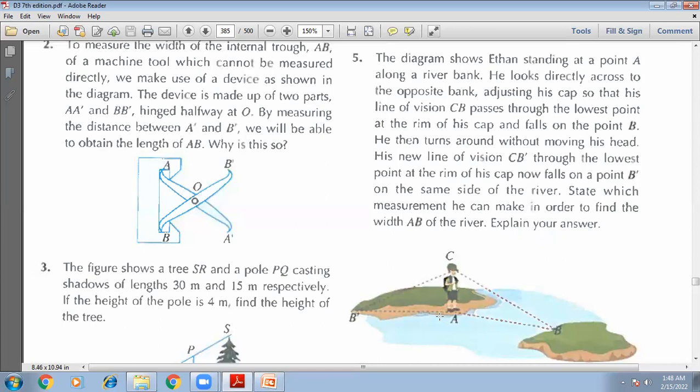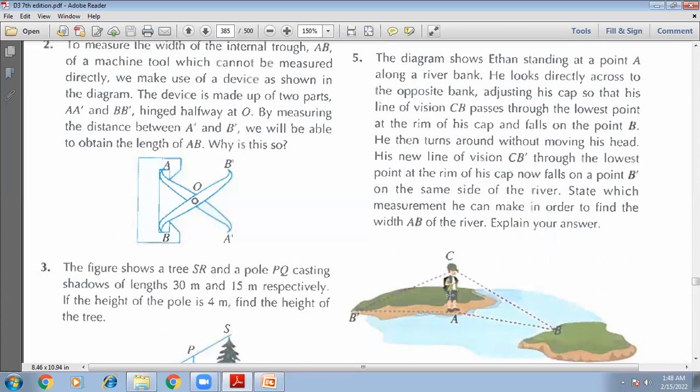So the basic thing you have to do is prove that these two triangles, the ACB triangle and the ACB prime triangle, are congruent to each other. The methodology is very simple. The angle made here is equal to the angle made here. It is given. The angle here is 90, because the boy is standing perpendicular to the ground, and this AC side is common in both the triangles.